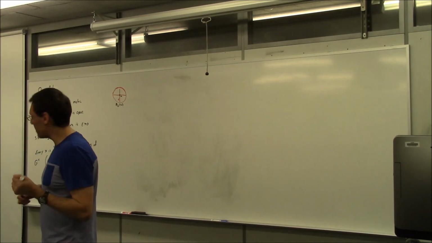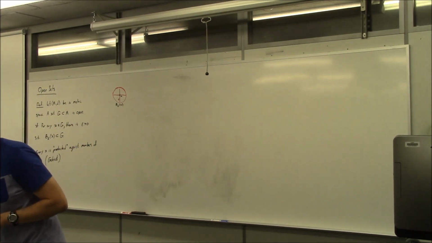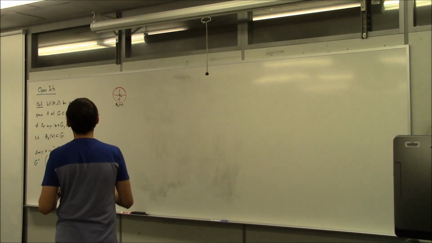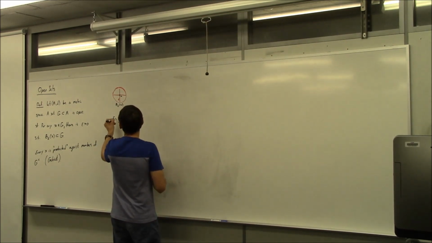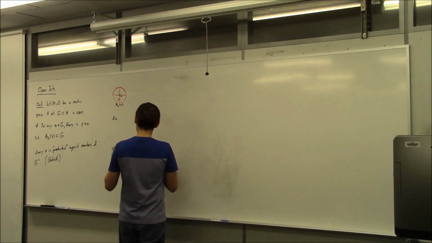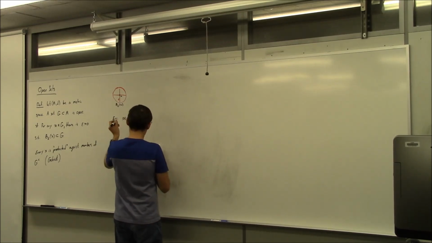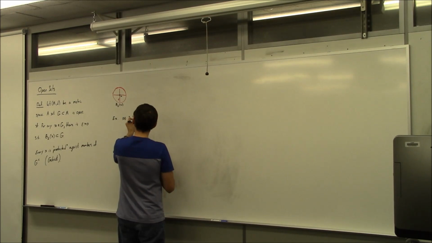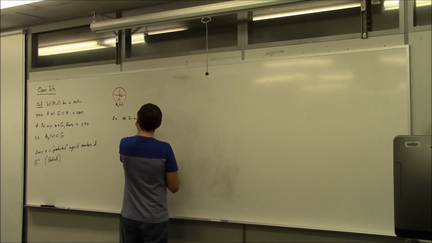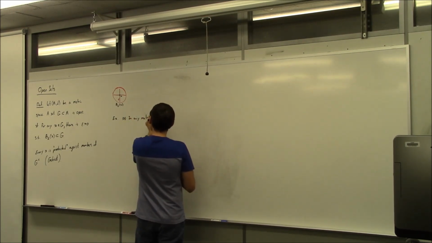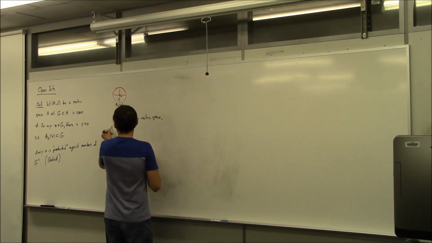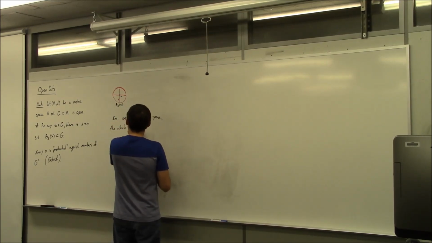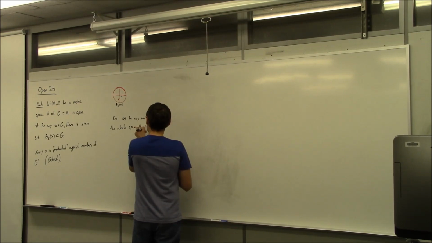So let's consider examples. So first of all, in any metric space, the whole space M is open.